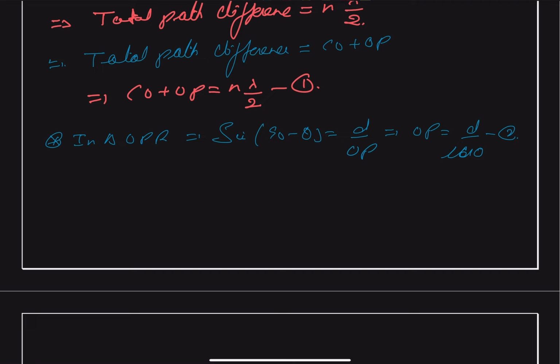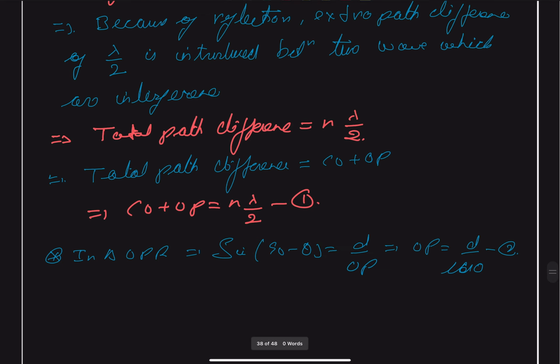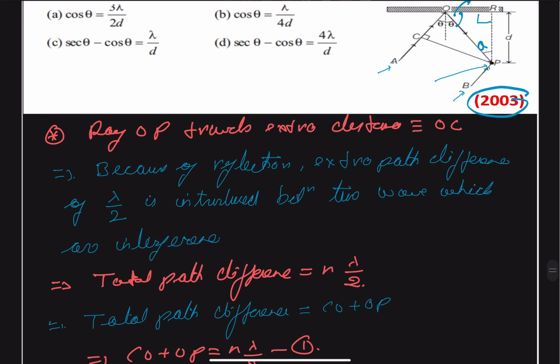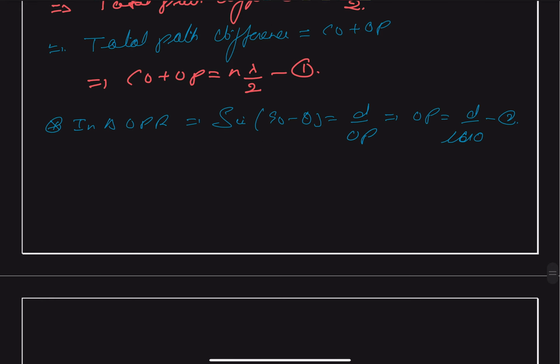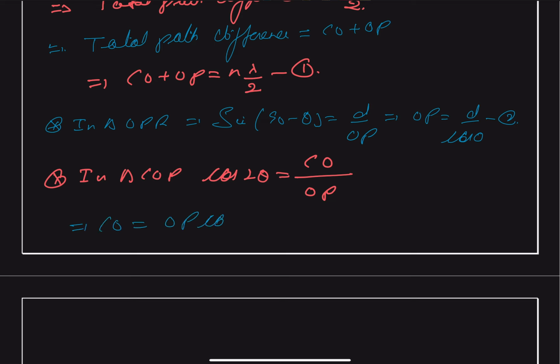And similarly, we can find out the value of CO. In that case, we are going to consider triangle COP. So in triangle COP, cos of 2 theta will be equal to CO upon OP. And this gives us that CO will be equal to OP cos of 2 theta.